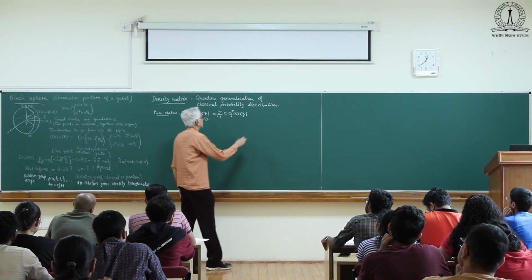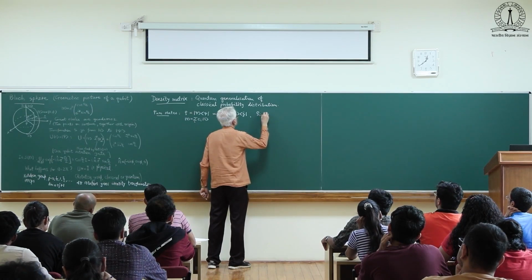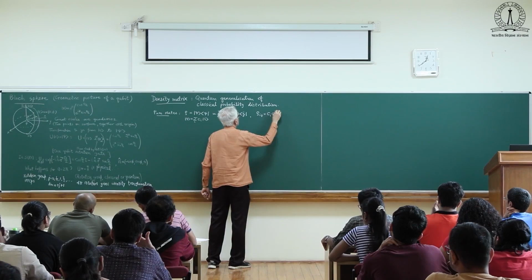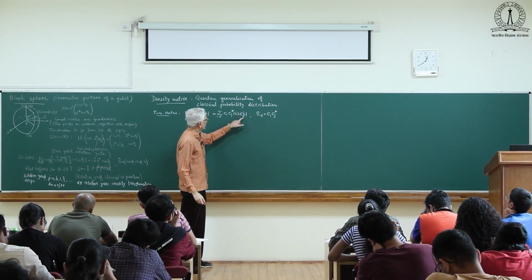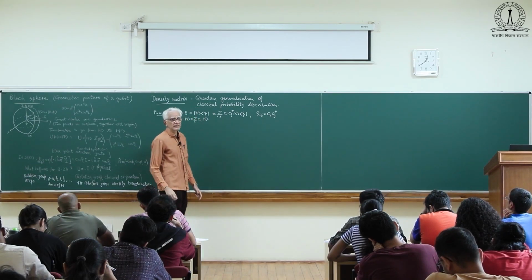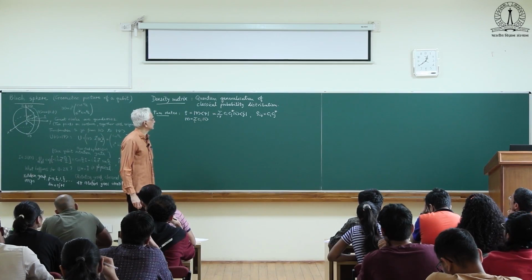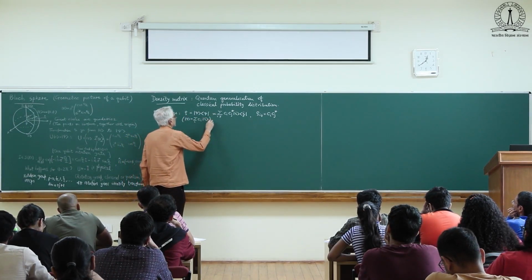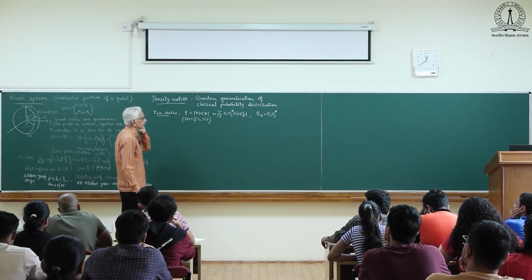So I can write it in an abbreviated form: rho_ij is the component along the ith row and jth column. So that is just a definition.